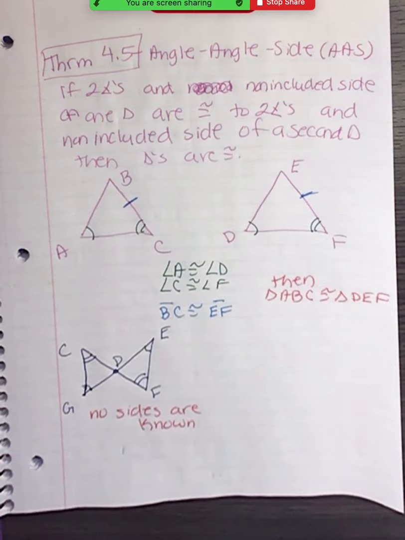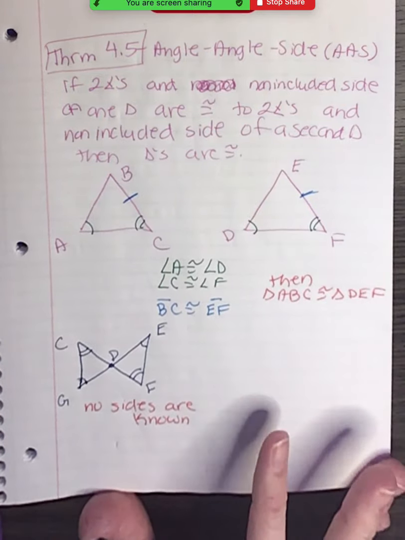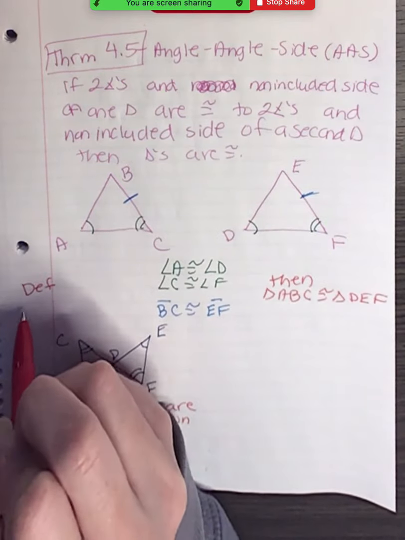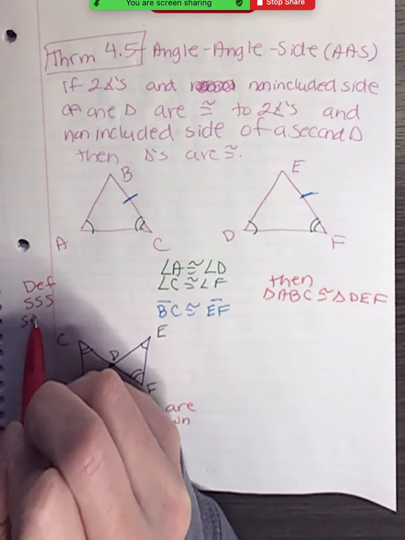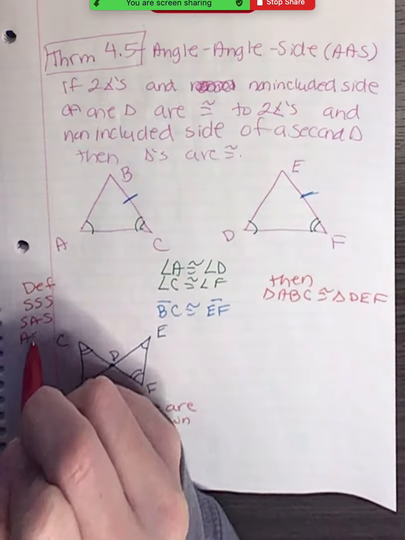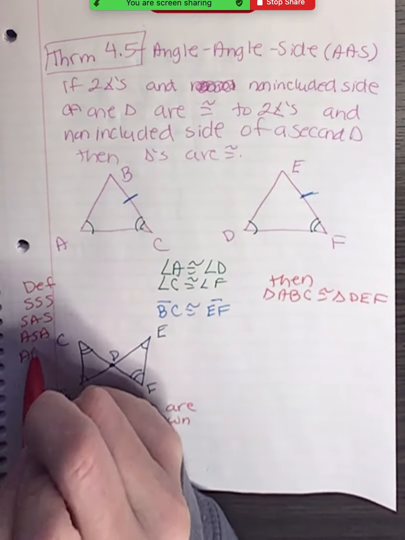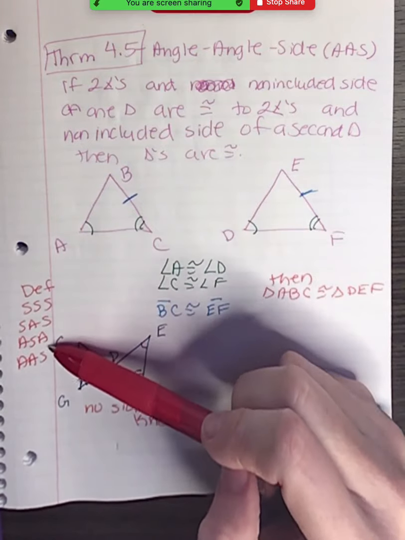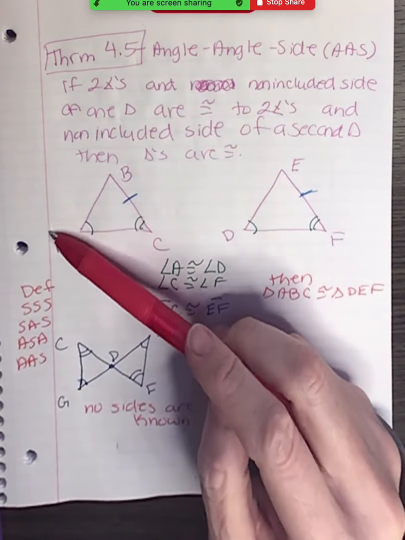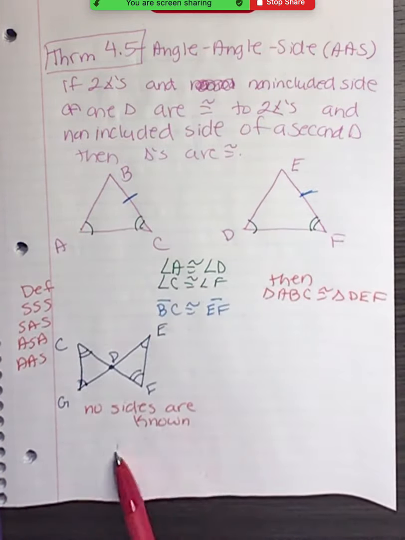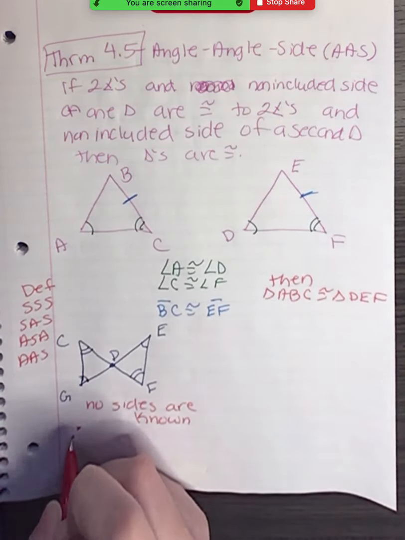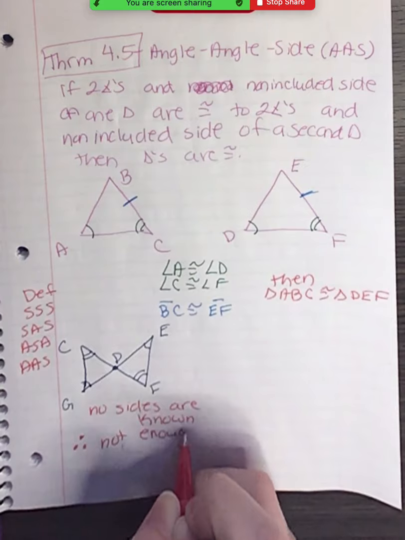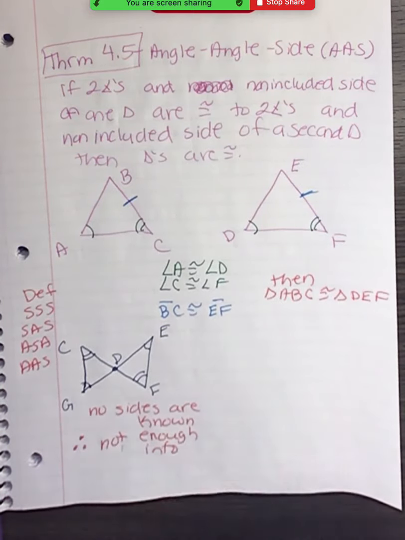Okay, so unfortunately that stops us right there because all the ways, the definition involves sides, side, side, side, side, angle, side, angle, side, angle, angle, side. Every single way we have to show congruent triangles involves knowing at least one side. So no sides are known, so therefore not enough info is known. We can't show it.